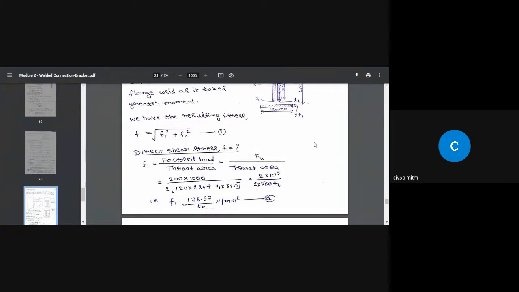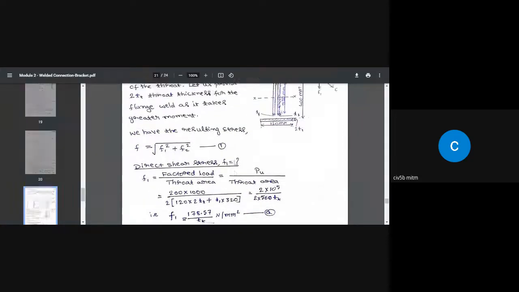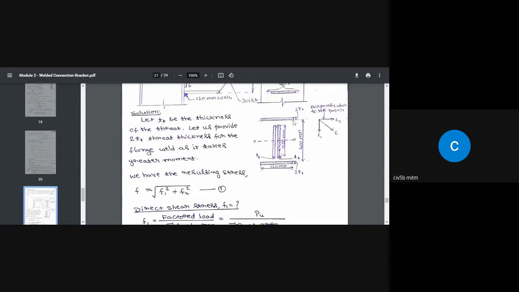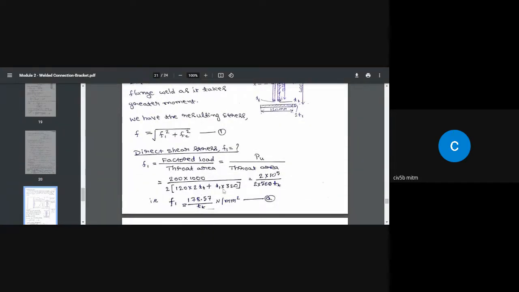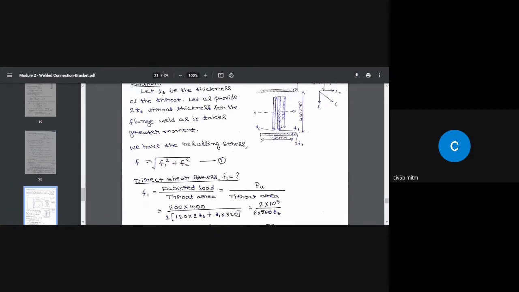To find F1, that is the direct shear stress, that is equal to factored load divided by the throat area. Factored load is PU, equal to 200 kilonewton multiplied by 1000 to convert the value into Newton, divided by the total throat area. That is 2T times 120 millimeter, the width, plus TT multiplied by 320, and multiply the whole thing by 2 because we have 2 vertical welds and 2 horizontal welds.